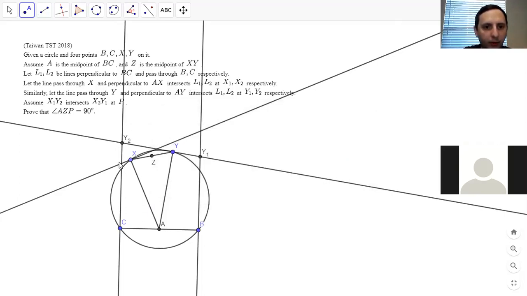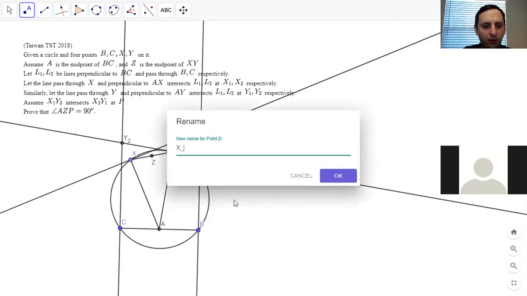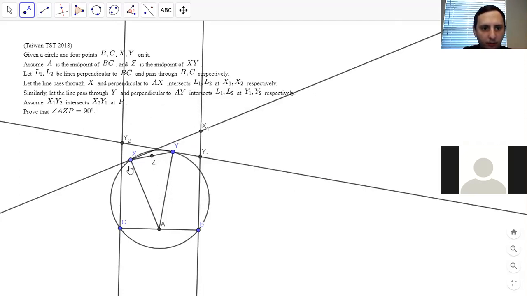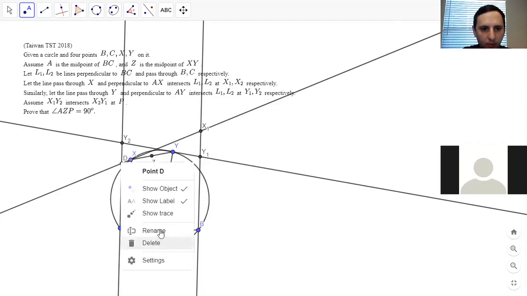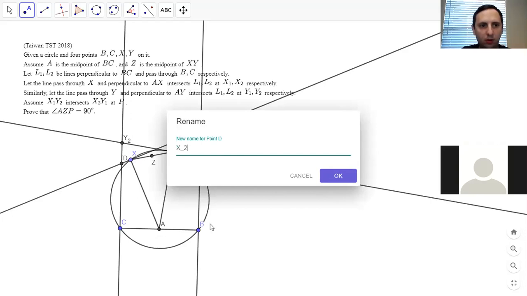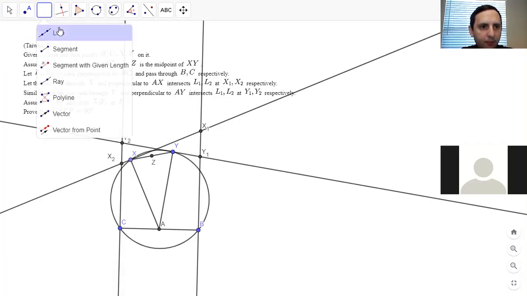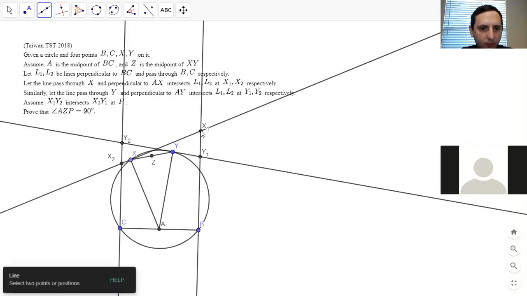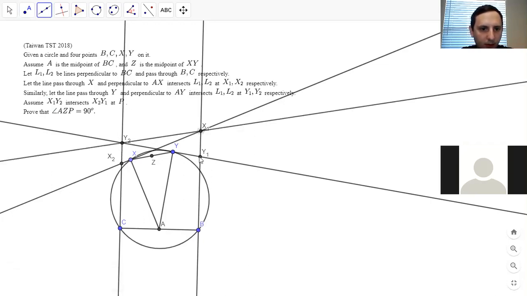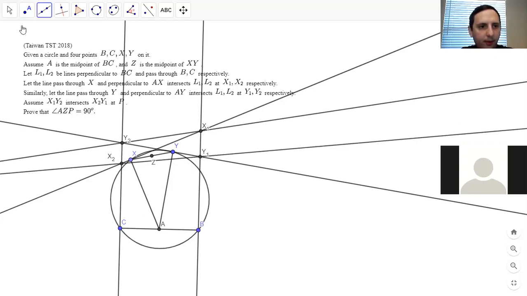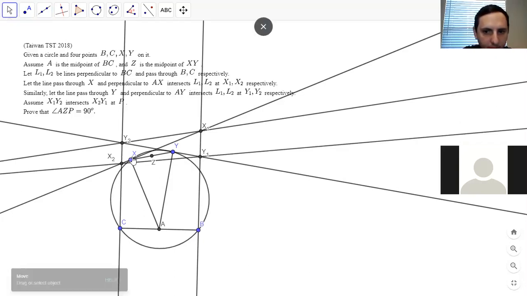So X1 is where it intersects L1. So this should be X1 and this should be X2. And X1Y2 intersects X2Y1 at P. It's interesting. So we're probably going to want to move the diagram a little bit. And we want to show angle AZP is 90 degrees.